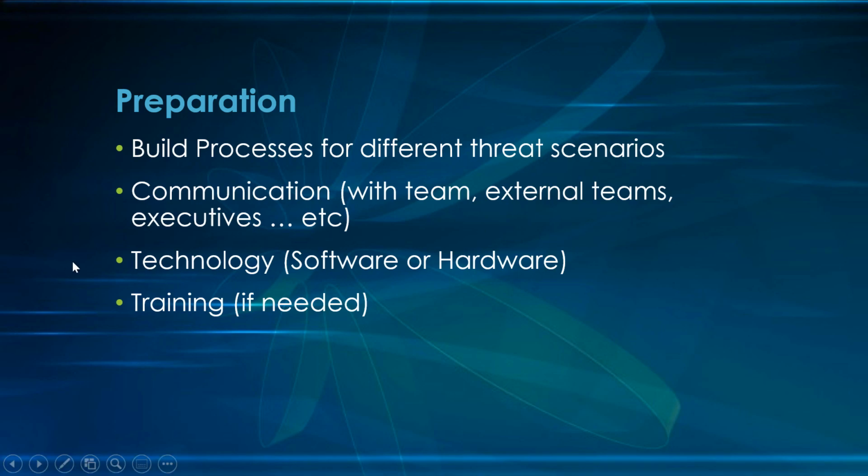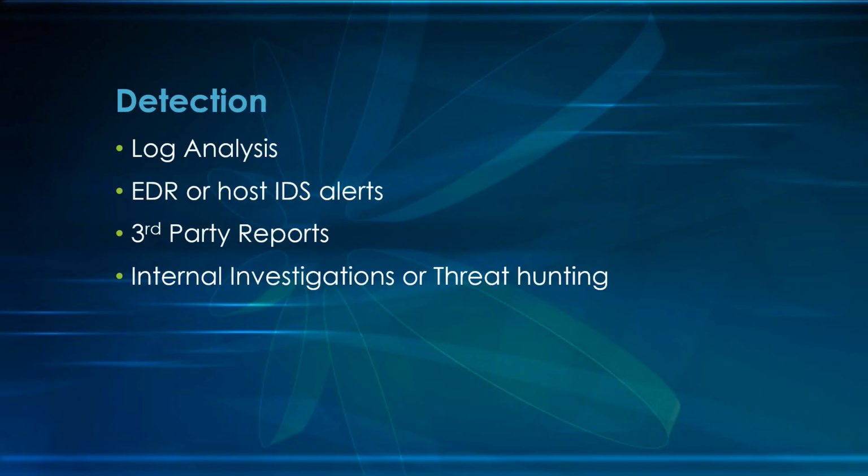After the preparation phase, when an incident happens, first you will need to detect that incident. Most of the incidents are being detected not on the machine itself. That happens sometimes, but mostly either through log analysis, where something suspicious happens in the log, or in the network phase.